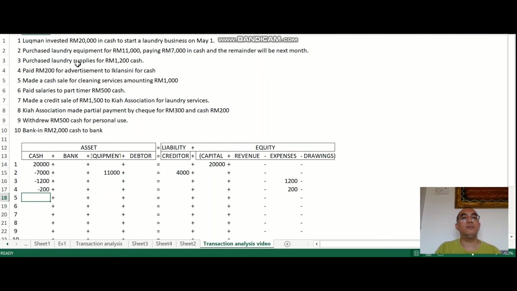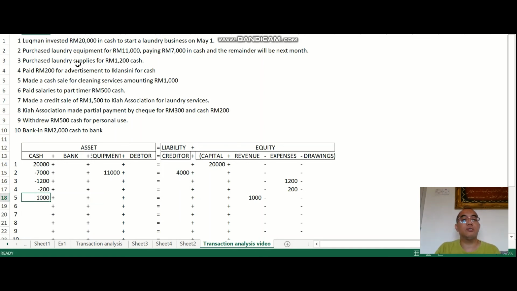Number 5, you made some cash sales for cleaning services amounting to 1,000. This cash sales is under revenue. How much? 1,000. So your revenue increased by 1,000 and your cash also increased by 1,000 because you do sales by cash.